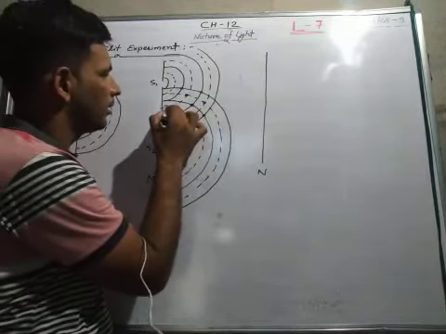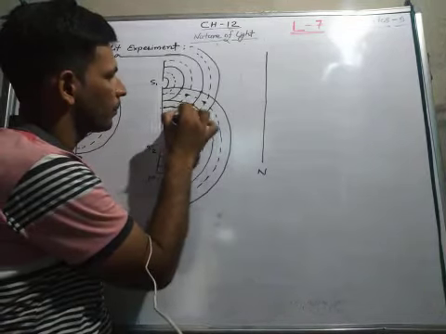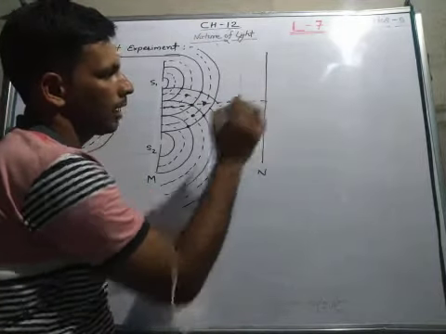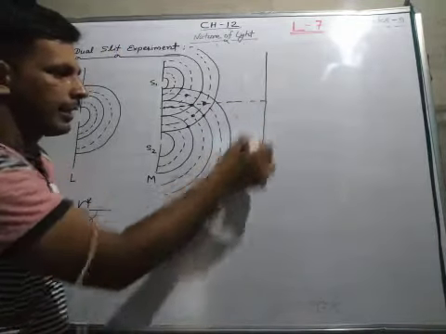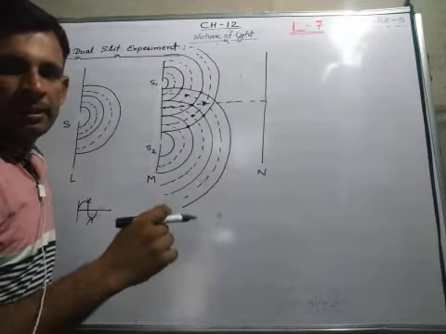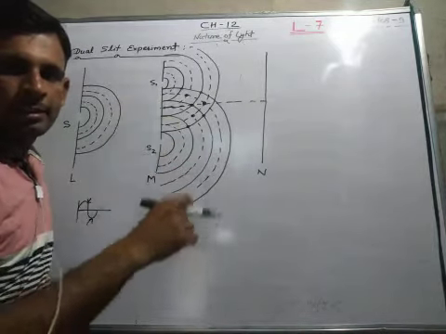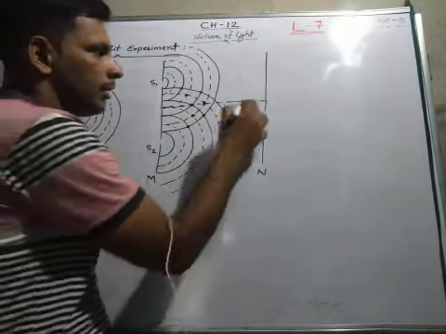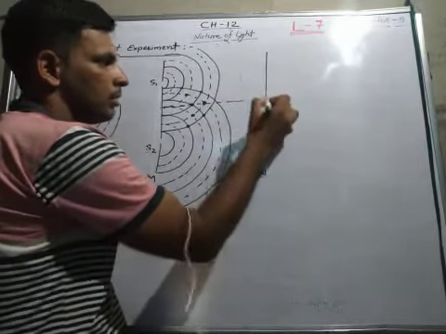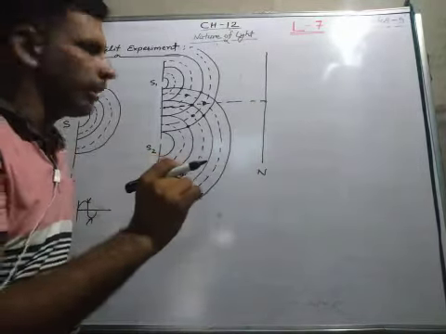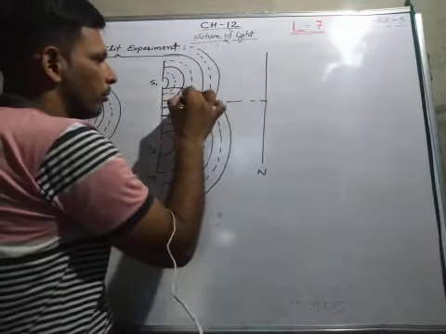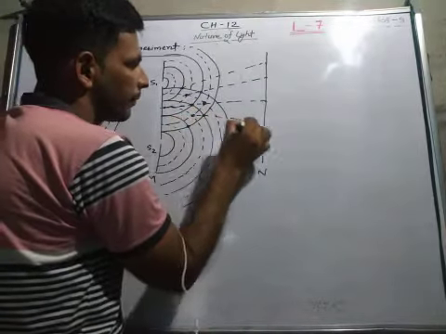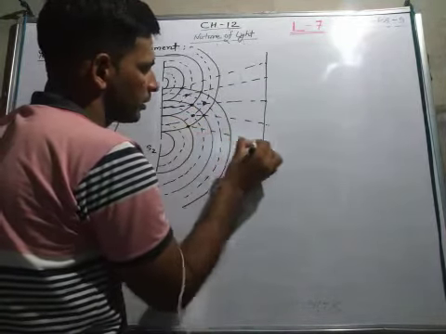In this condition, we see a fringe at screen N. Fringe means a light beam on the screen. This is constructive interference, at the place of trough to trough and crest to crest.